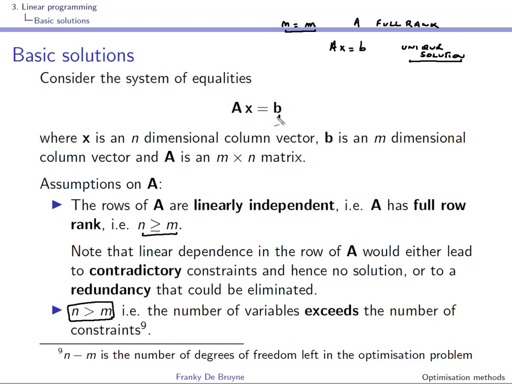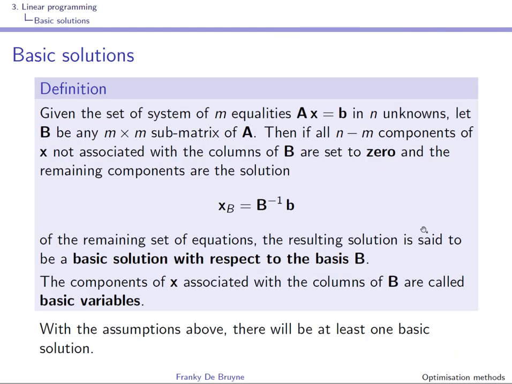So this system of equations has an infinite number of solutions, and n minus m is the number of degrees of freedom left in the optimization problem, and it's larger or equal to 1. Well, we have just seen that we had Ax = b and that we could assume n larger than m, right? Let us take an example of that.